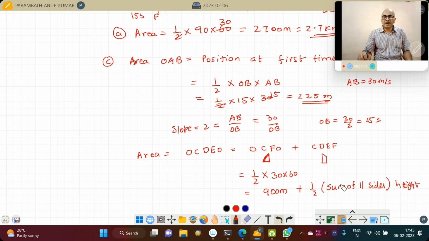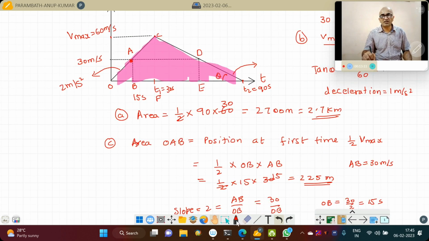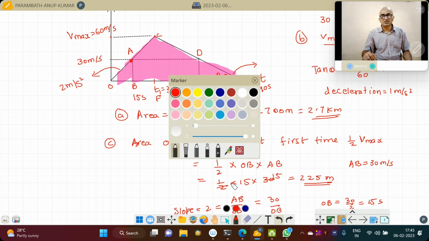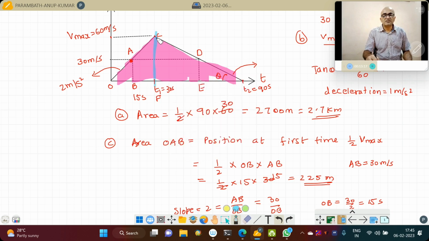Let us identify the parallel sides. We are very clear that these two are the parallel sides, students. This is the first parallel side and this is the second parallel side.